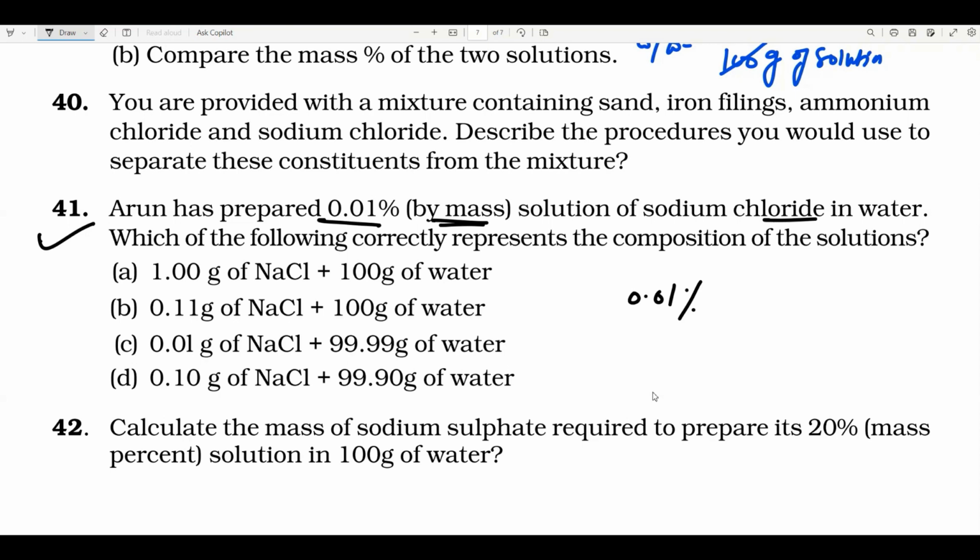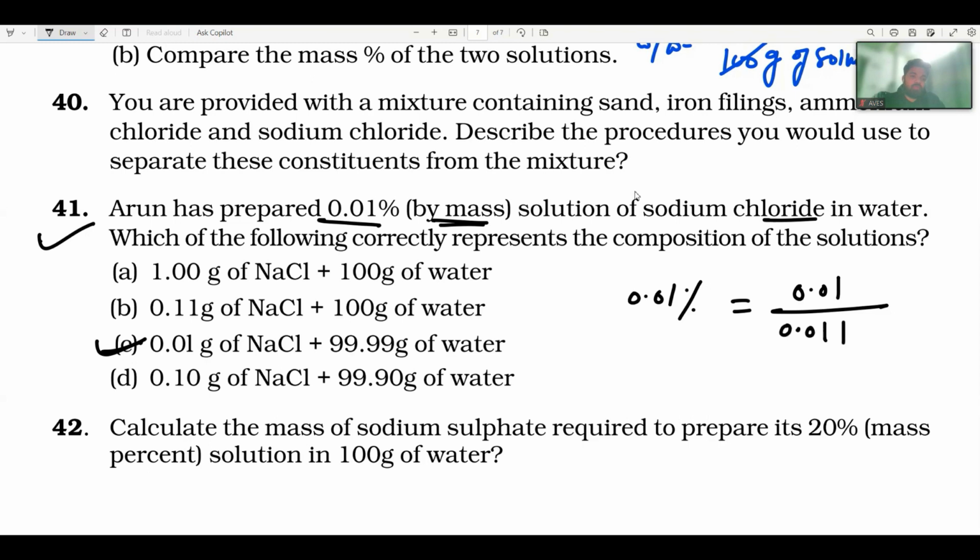In these questions, I'm just going to tell you that option C is correct, and I'll explain why. If you have 0.01 grams here, the mass of the total solution will be 0.01 plus 99.99, into 100.